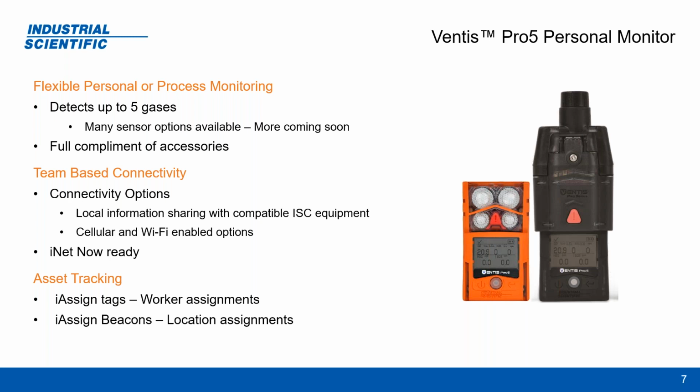It also has a man-down capability, and it has a number of connectivity options to allow you to connect devices and get communication in a connected world, either between instruments or to the cloud through cellular and Wi-Fi options and several other connectivity options that we'll talk about a little bit later on in the presentation.